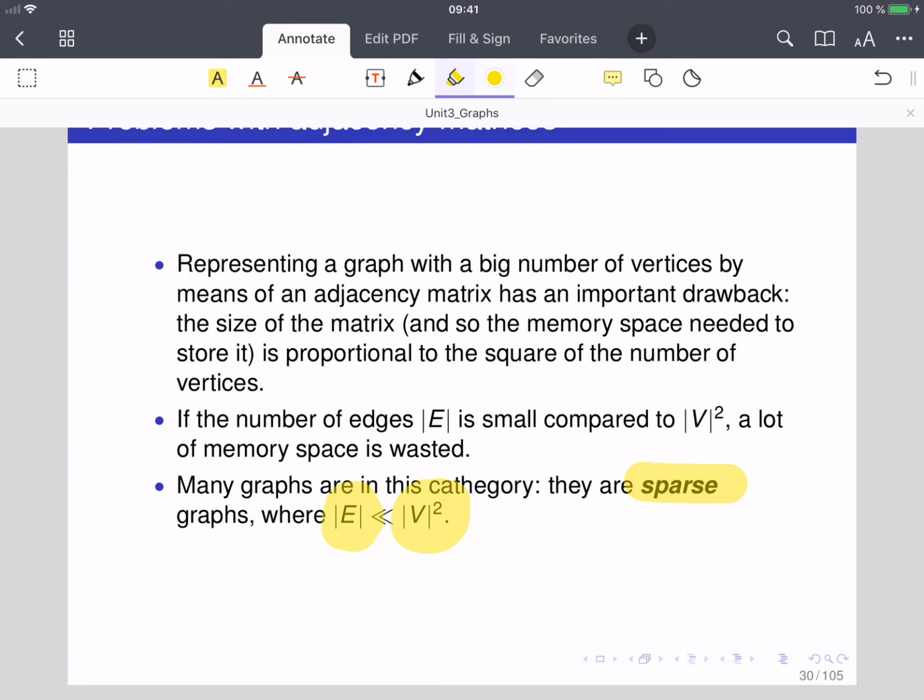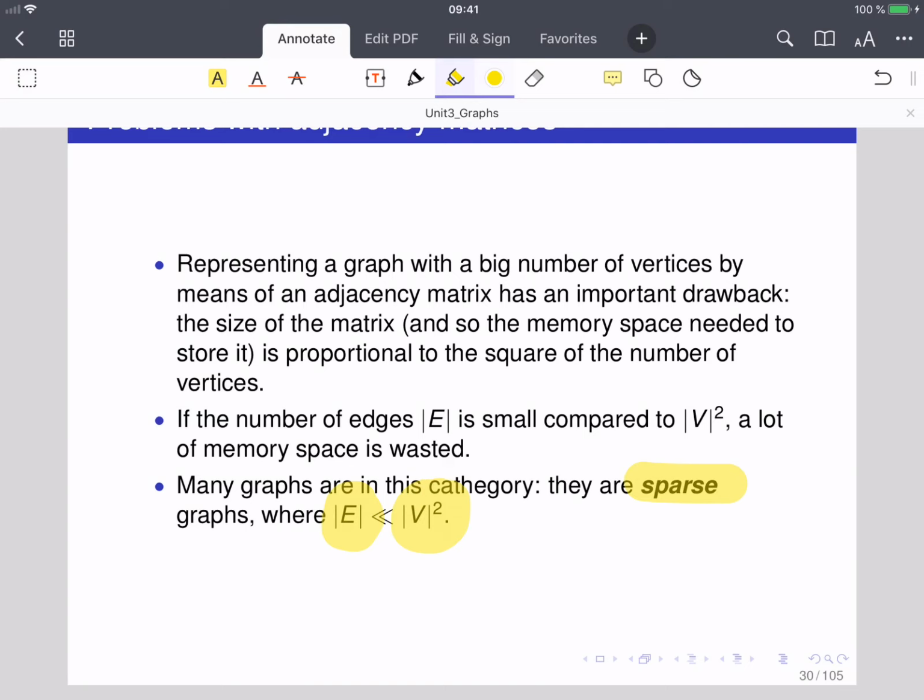And notice that in the matrix we are representing the number of vertices squared, because we have n rows, we have n columns, so we have n squared positions. So that is a lot of memory. Imagine that, for instance, we have a graph that represents the users in a social network.